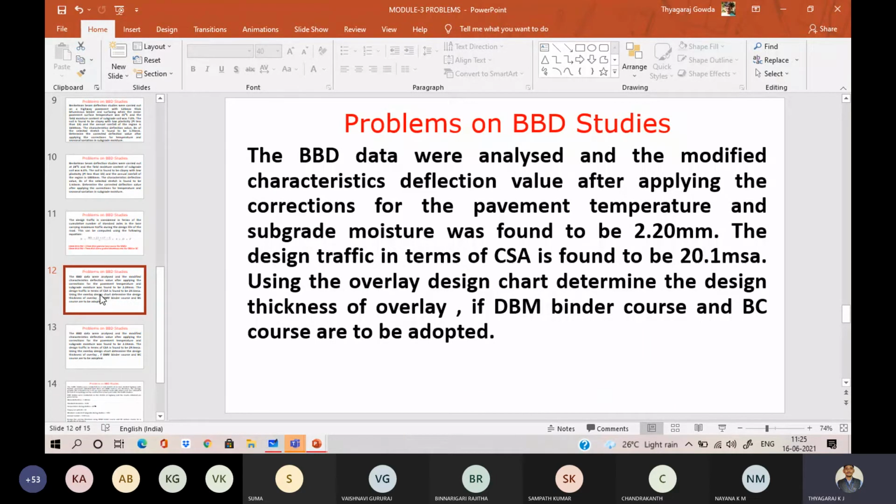Using the overlay design chart, determine the design thickness of overlay if DBM binder course and BC course are to be adopted.